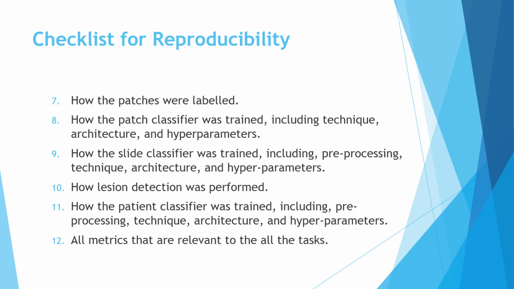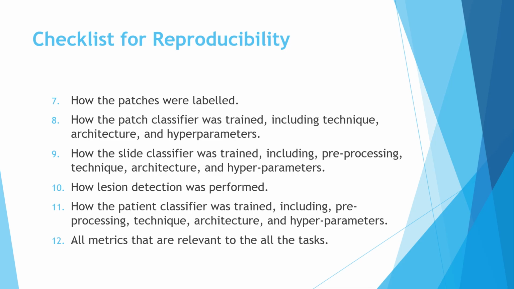The seventh item is how the patches were labeled, because some specific patches may contain the cancerous sections of the tissue.